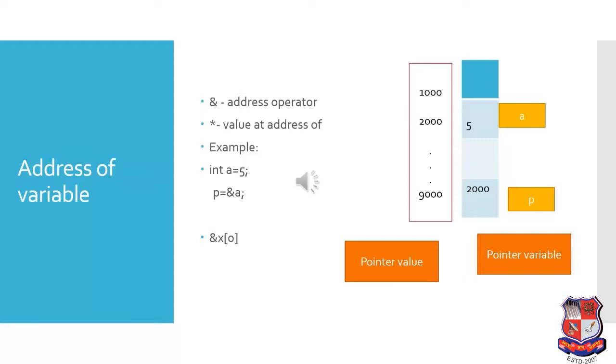What value is stored at the memory address 2000? That is 5. So the answer will be 5. *p will give me the value of a. This is the power of a pointer. So through p, I am using the variable a. Clear?